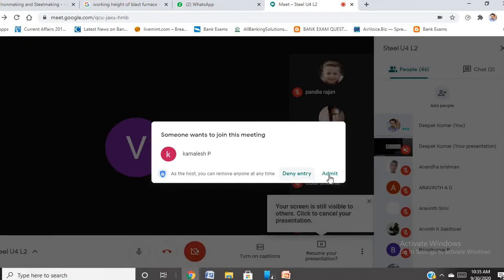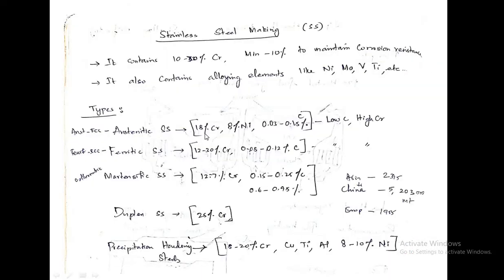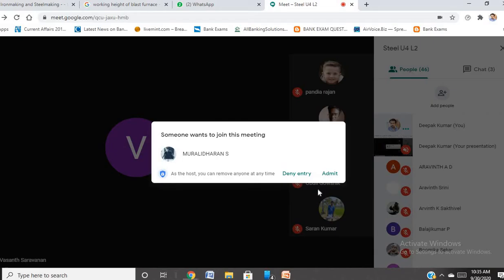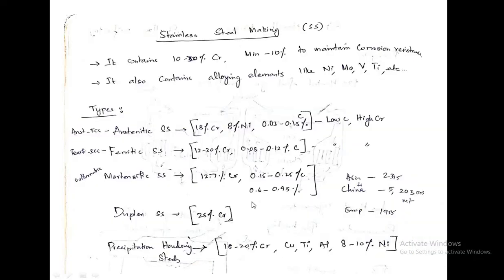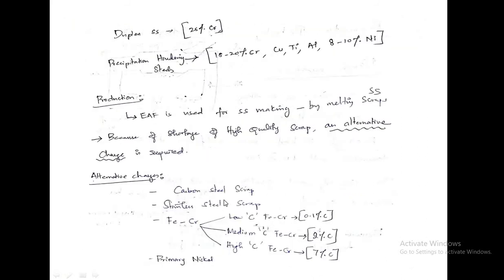Generally the composition varies like this: 18% chromium, 8% nickel; chromium, nickel and carbon vary, right? With composition modification there are many more types, like duplex and precipitation hardening steels. For a specific application, they will use either austenitic or ferritic stainless steel, right?